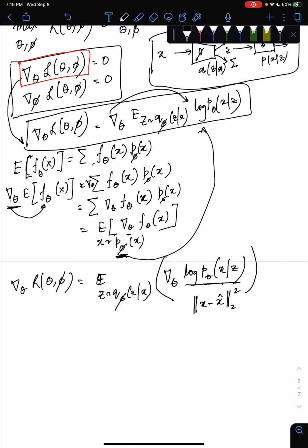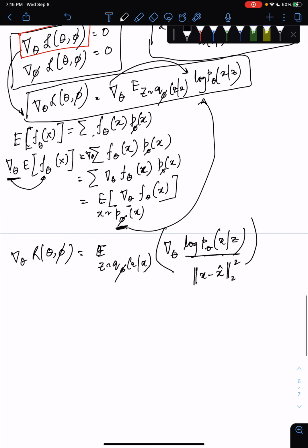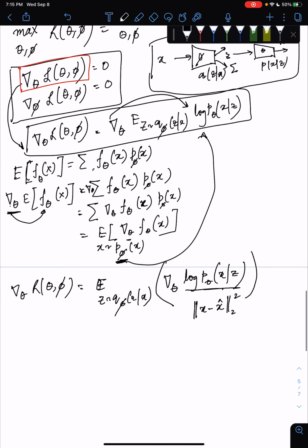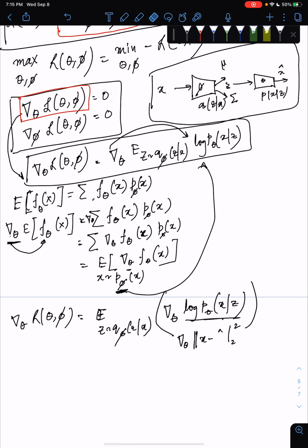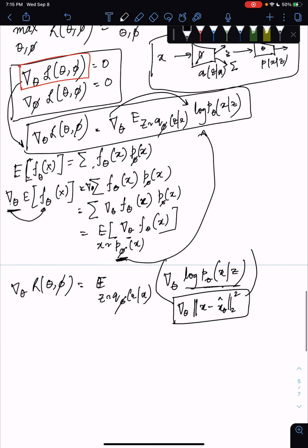So this is x minus x hat square, and you are basically trying to do this, and here this x theta is actually parameterized by this. So this gradient can be taken very easily. It will have an analytical form, so we won't have a problem when we do gradient descent.